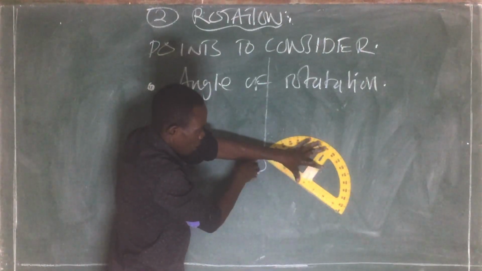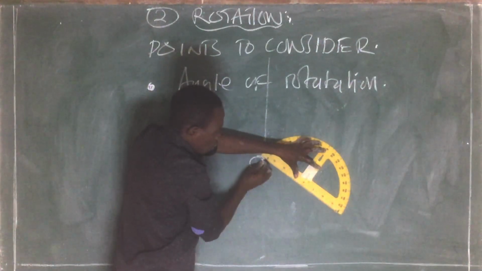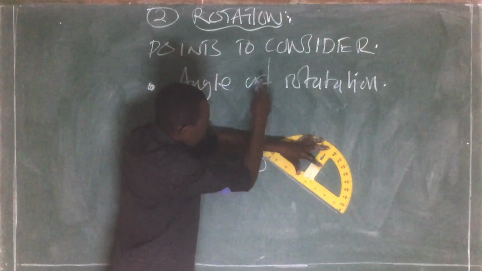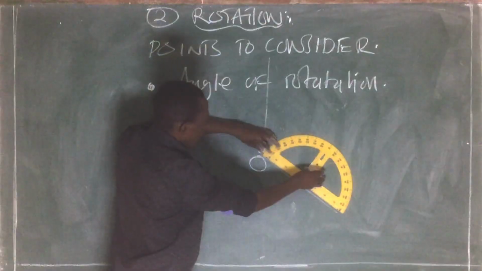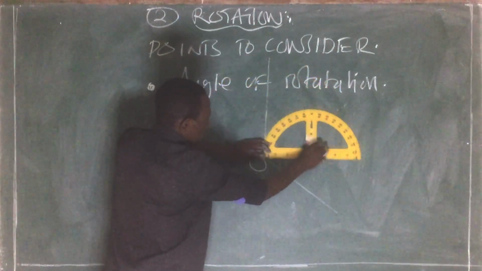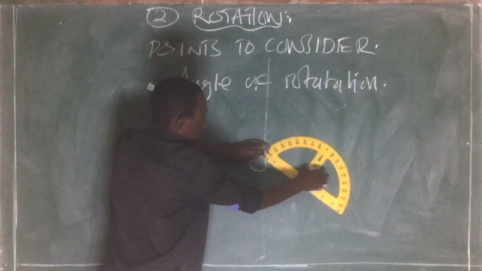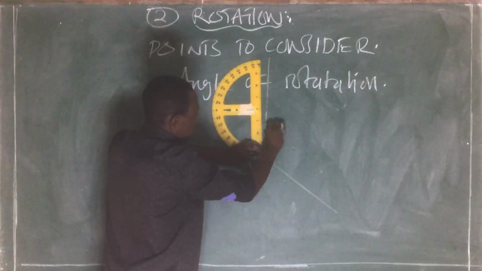If I stop here, it means the line representing this side of the protractor will be somewhere here. So now if you look at what has happened as I was moving this protractor to this level, as I spin it like that, there's an angle of some kind that is being created. And this angle is this one here.